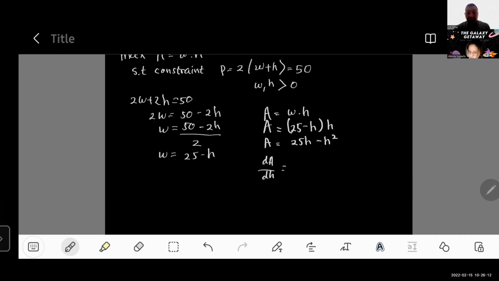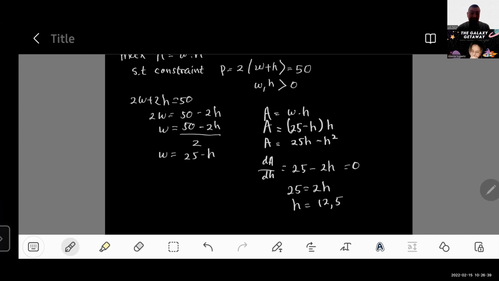Okay, that is easy. 25 minus 2H, that equals 0. So 25 equals 2H, so H is about 12.5.